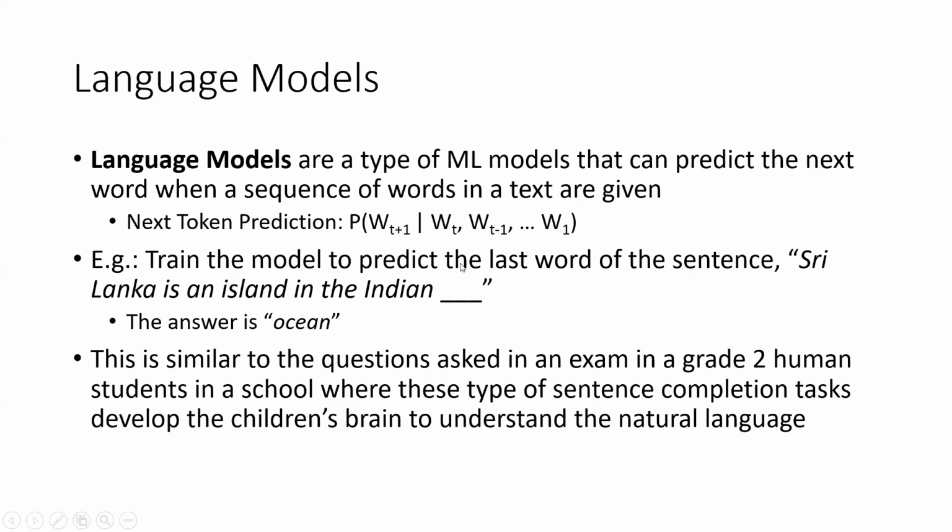That is exactly what we mean by training a language model. We are training a machine learning model with the earlier set of words, and asking it to predict the next word like a human being.